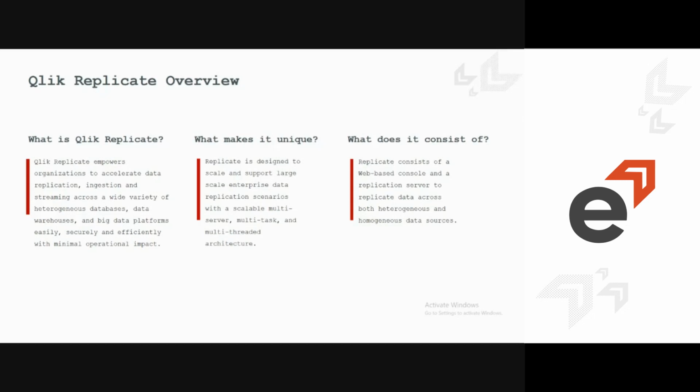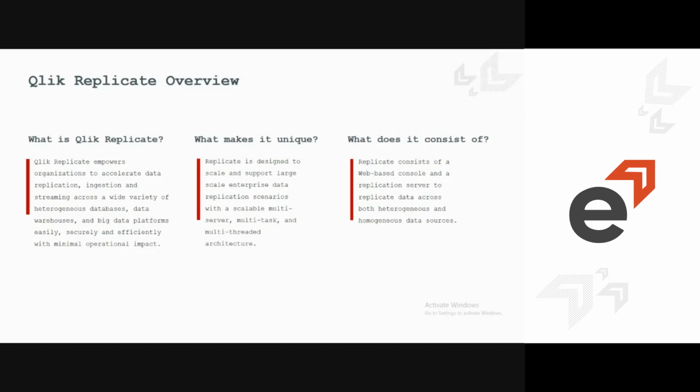What makes it unique is its architecture and how it works. What Qlik has done is architect the entire tool in a way where it doesn't hold any driver of its own, and it uses the native drivers. So they're relying on the database that you're choosing as your source or your target, on the native ODBC drivers that are available there, and they basically run on their system.